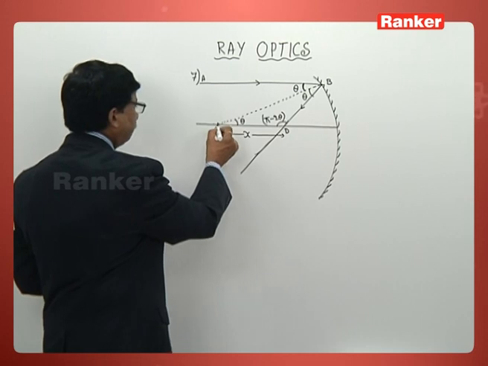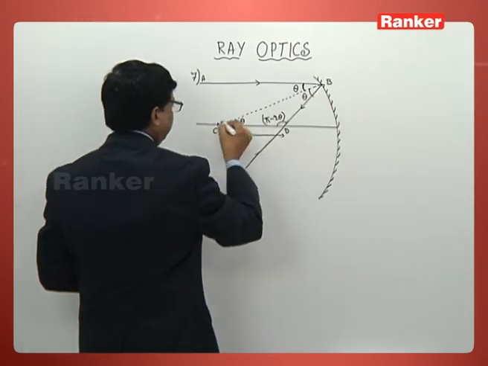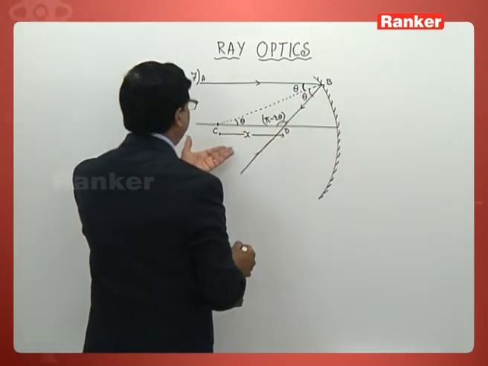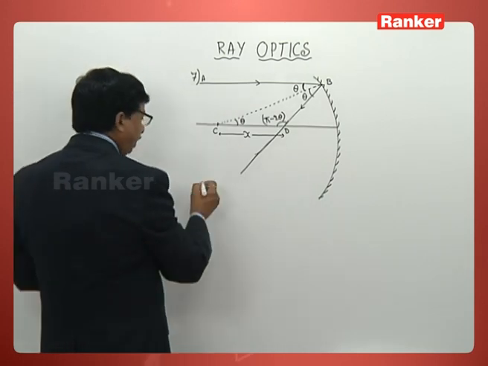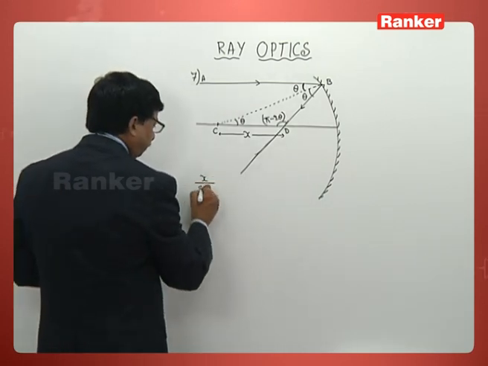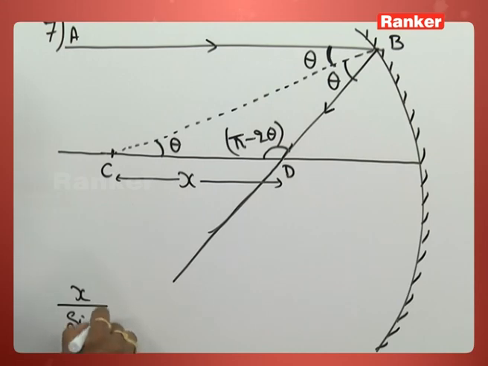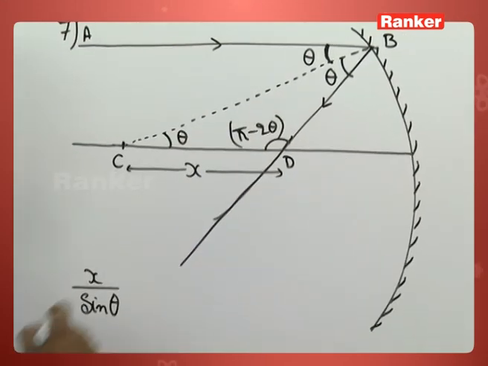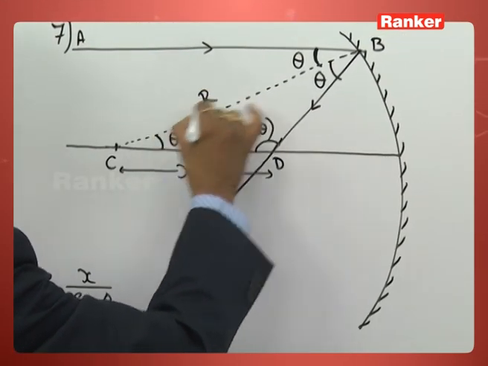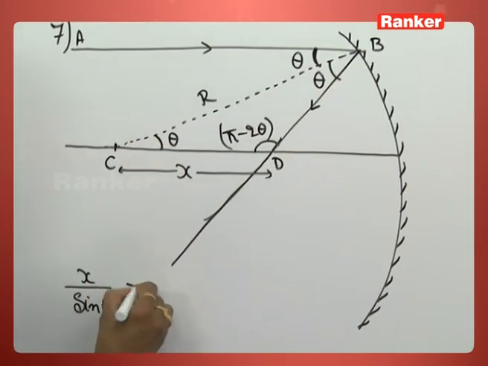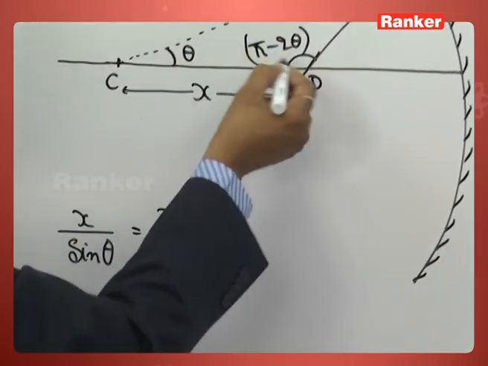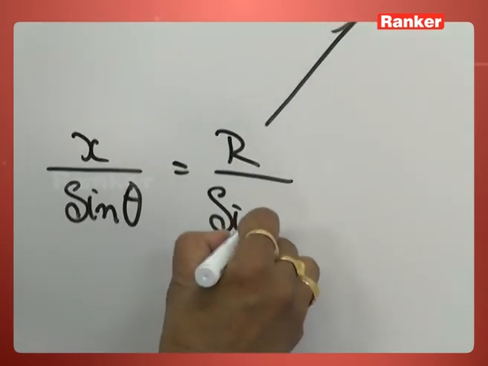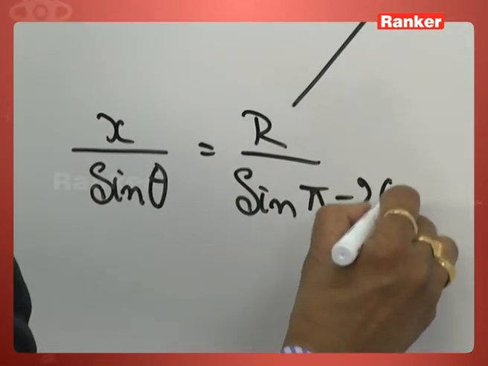Now take this triangle, that is BCD triangle, and analyze the triangle here. x by sine theta, and this distance is known to us as r, can be equated to r by sine of pi minus 2 theta.